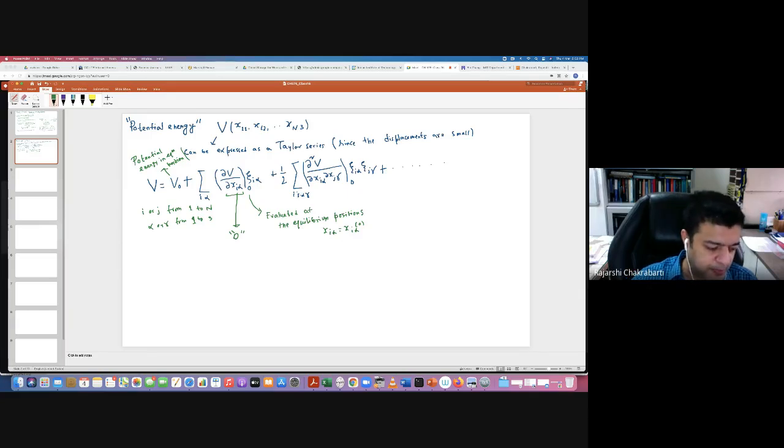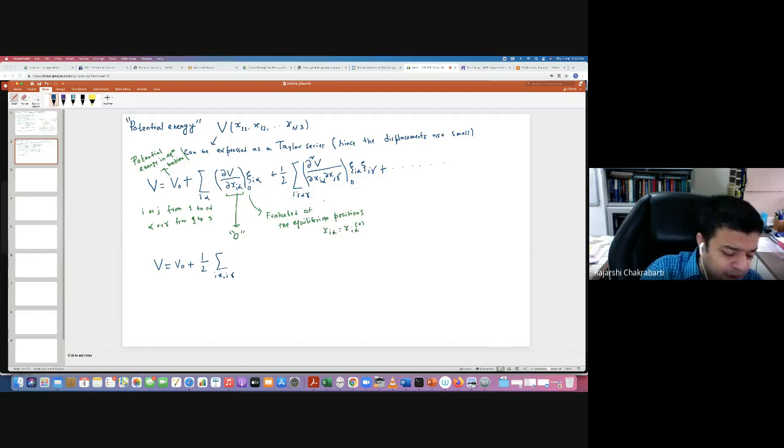Just think carefully. I'm going to now write down this potential energy in a slightly better manner. So I'll call it V equals V naught, this first part is 0, plus half the sum over i alpha, j gamma, whatever.